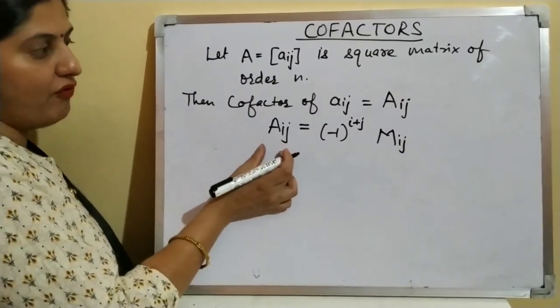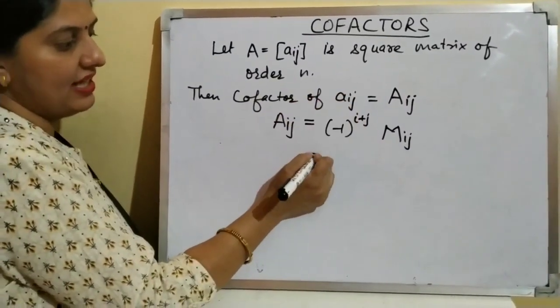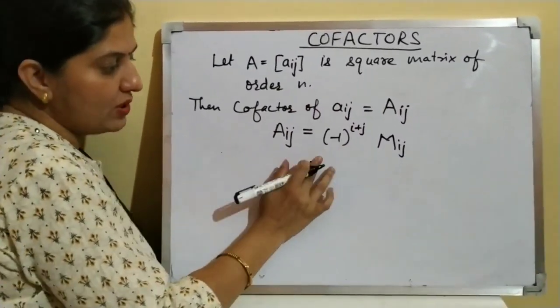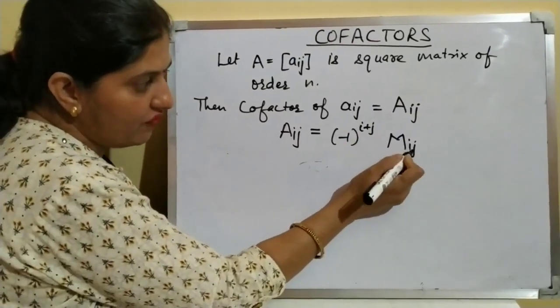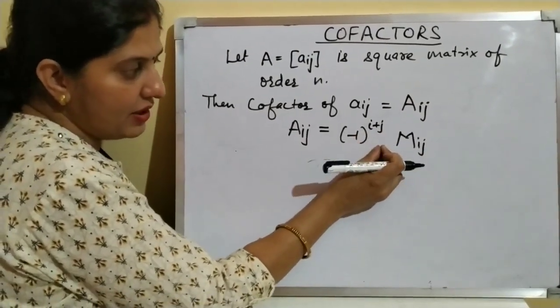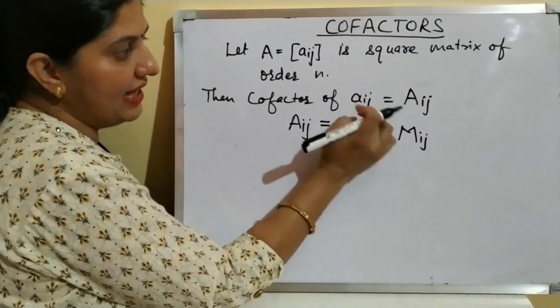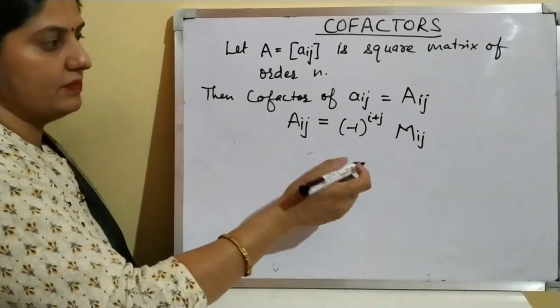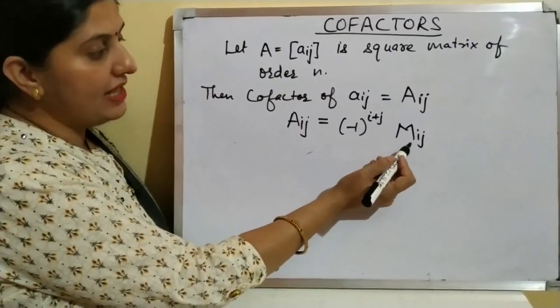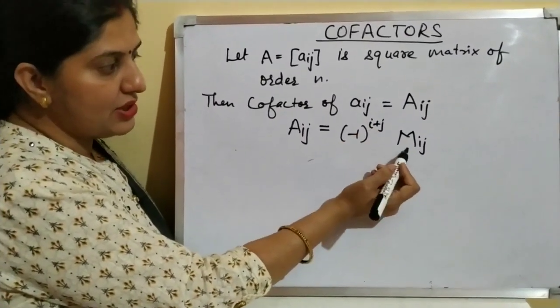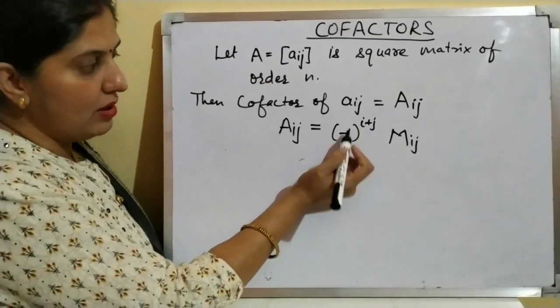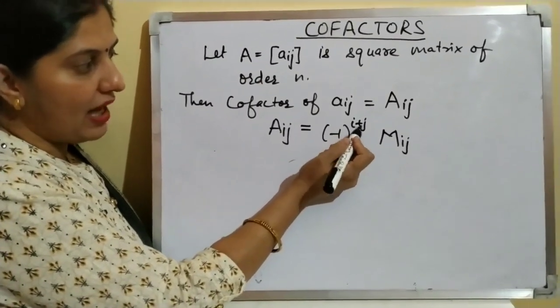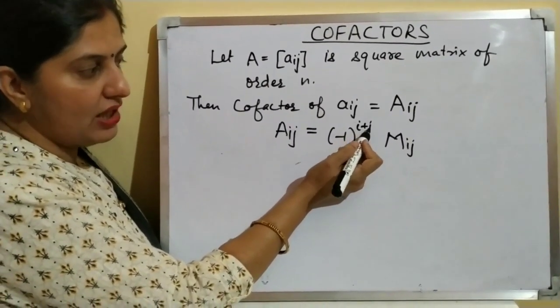Means cofactor of Aij is equal to -1 to the power sum of the suffix into minor of the element Aij. We have to just calculate minor of the given element, then multiply it with -1 to the power i plus j, means sum of the suffix.